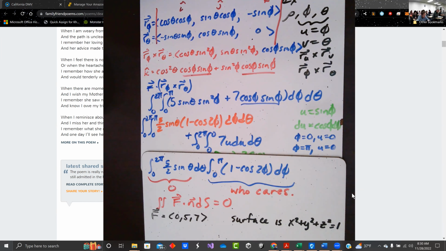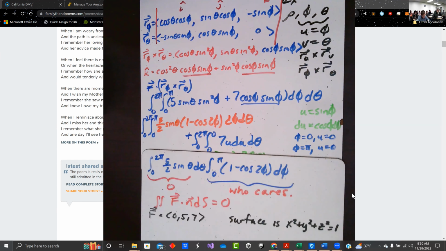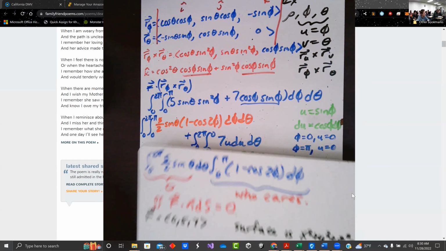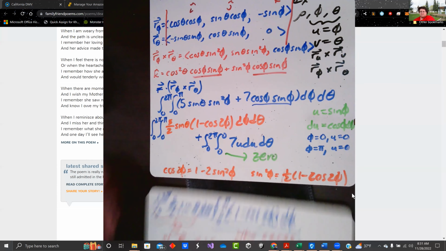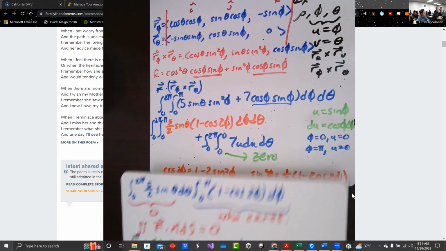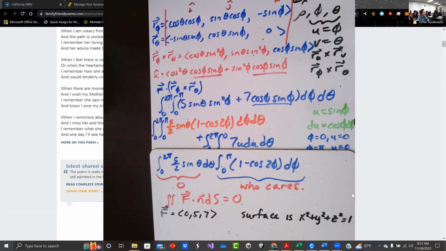Is it already normalized? The n vector, yeah. Are you guys ready for the next part? Do we have a question? Did he normalize it? Doesn't it need to be a unit vector?